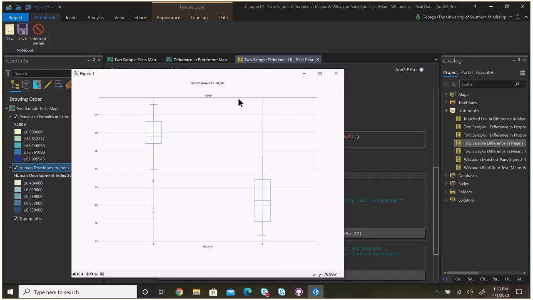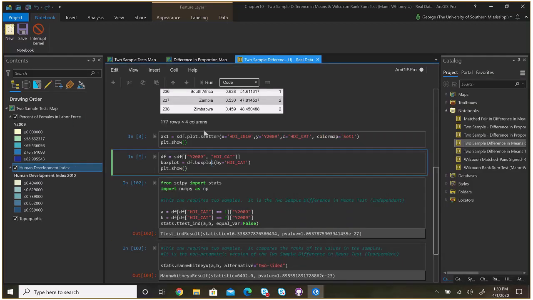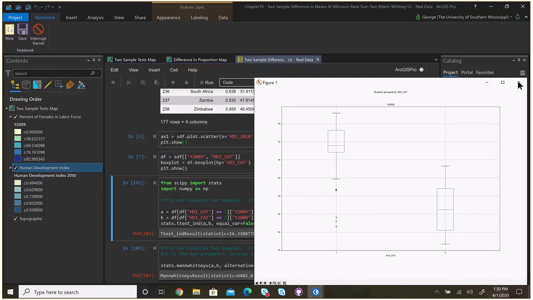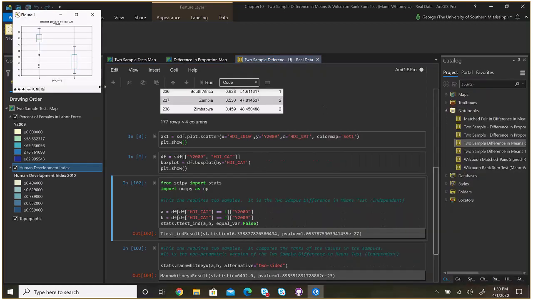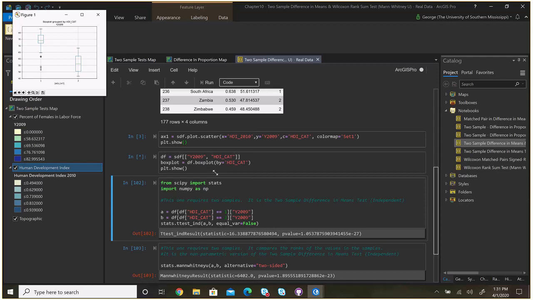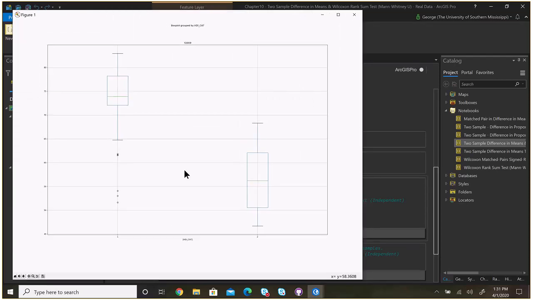So when you compare this, let me just rerun this for a second so it shows up. Oh, it won't show up until I close that. So we can't view them simultaneously, unfortunately. But thinking back to the dots that were on there, there were some dots here in the more developed countries, but the bulk of the data was up here.